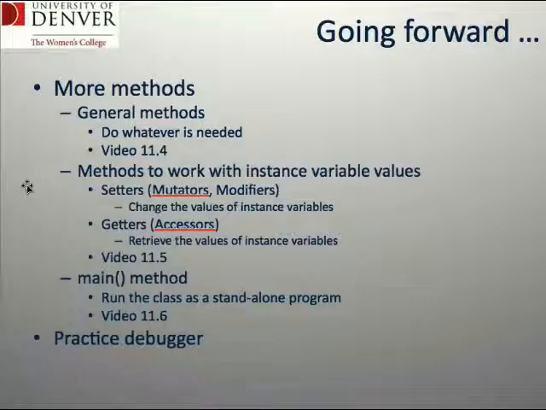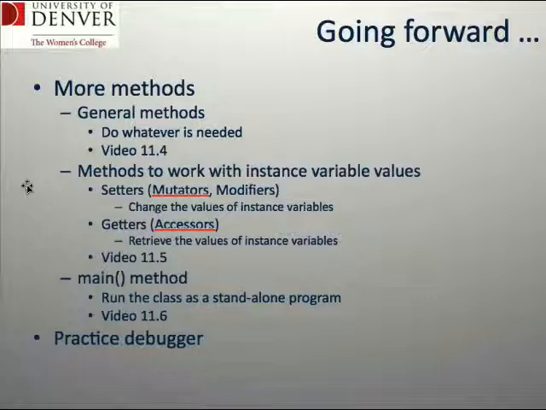And then last but not least, a short little section, we'll talk about a main method. The main method is something that you can put in a class if you want that class to be able to run as a standalone program. With a main method in the class, you can then run it as a program. A class definition in and of itself is only like a library.